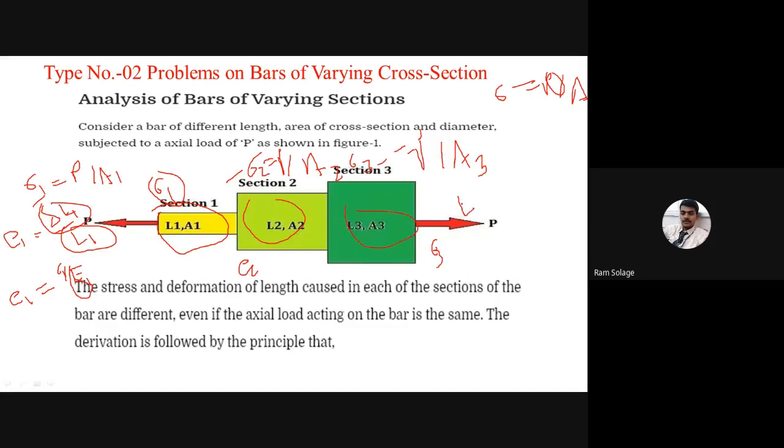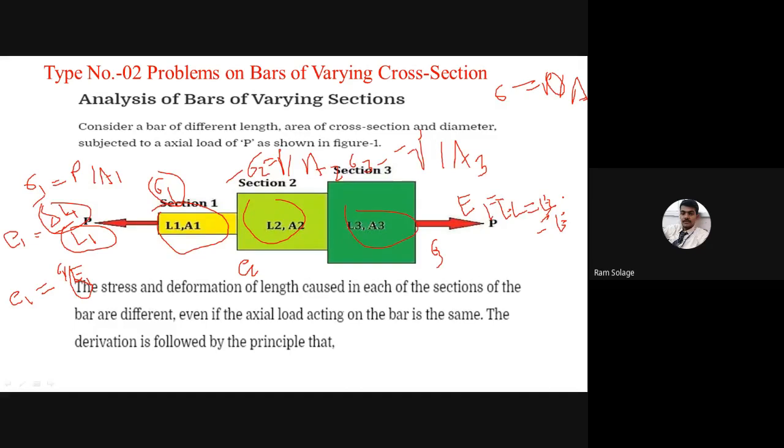In that case, for every section, take E1 is equal to E2 is equal to E3 is equal to E. Whenever the material for all sections is the same, we can consider E common for all sections.